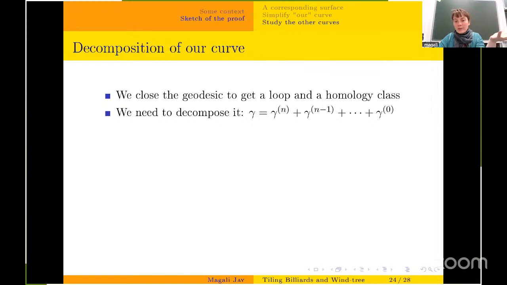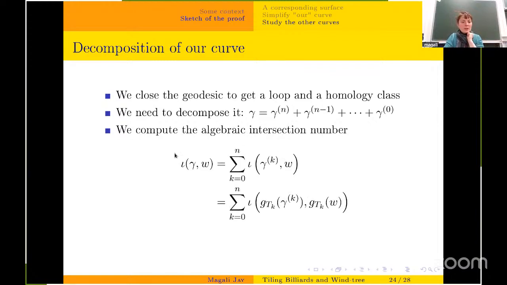And so I have a sum, which is here. And for now, W is any homology class. And I want to find a homology class which is contracted, such that this sum will be a converging geometric sum.